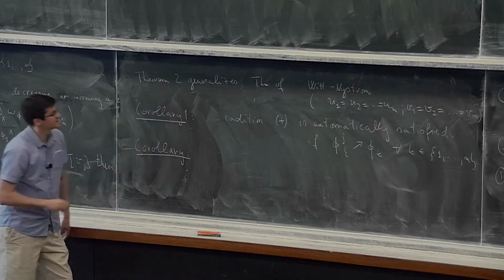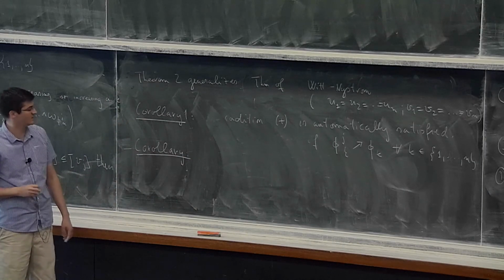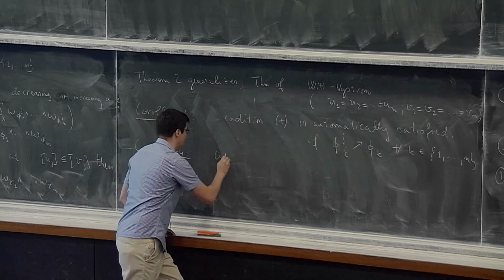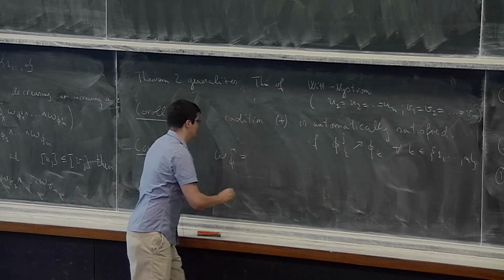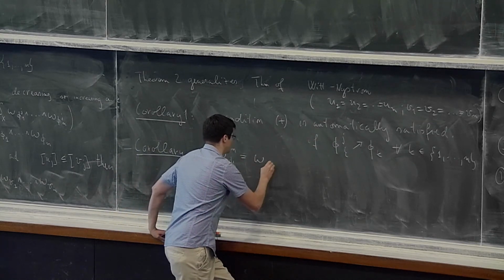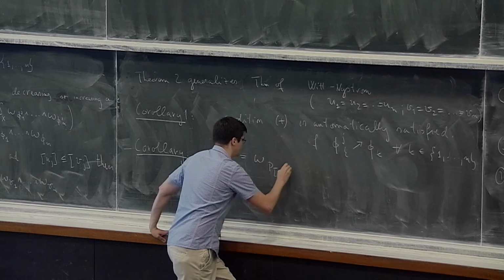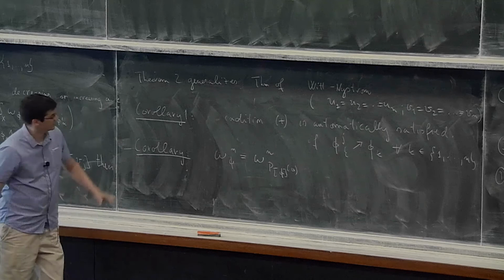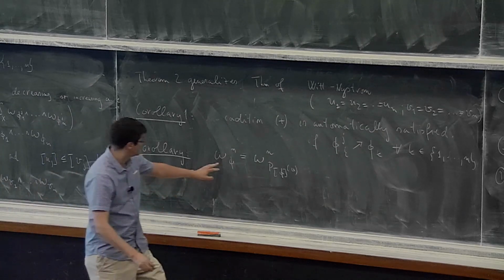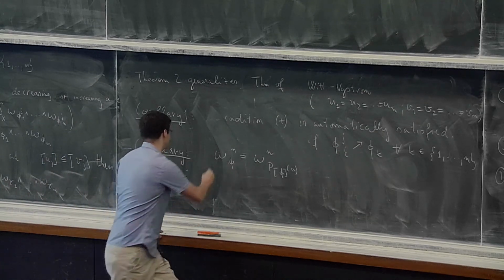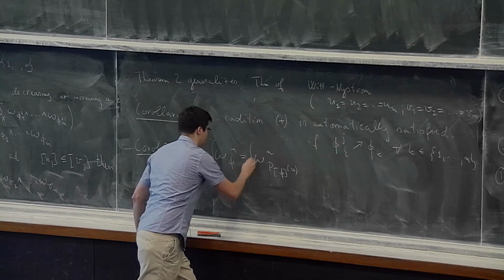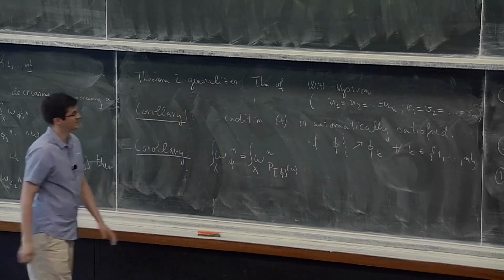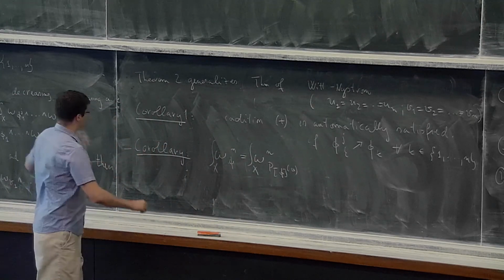So I promised to prove a claim at the beginning of the talk. So that was that omega_phi to the n is always equal to omega_{P phi} to the n. Now, how do you show this using theorem 1?